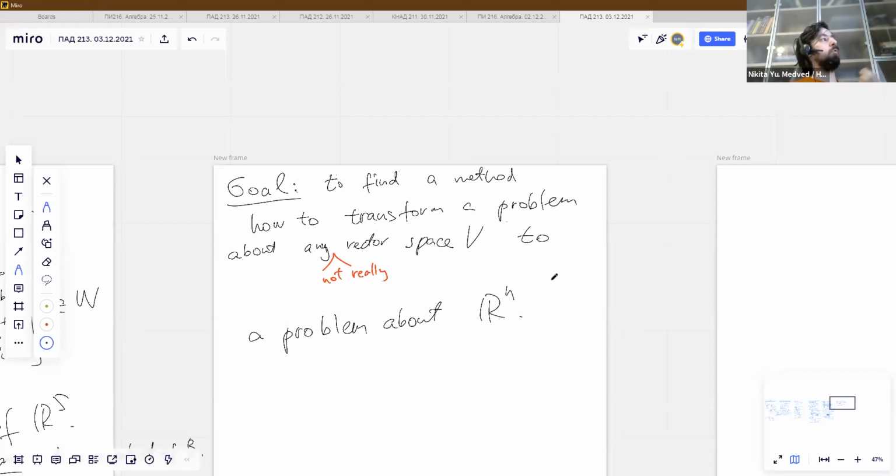They are a language which allows us to solve problems about any vector spaces by transforming the problem into a problem about easy vector spaces. That's the idea of the entire part of the course. I wanted to state it explicitly so you understand what direction we're going.